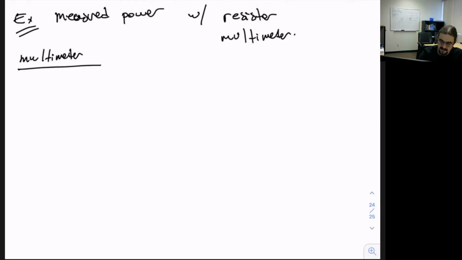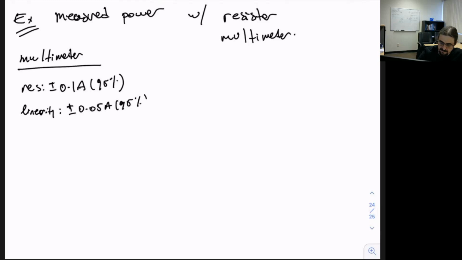The multimeter specs say that we have a resolution of plus or minus 0.1 amps at 95 percentile. We have a linearity of plus or minus 0.05 amps at 95 percentile.